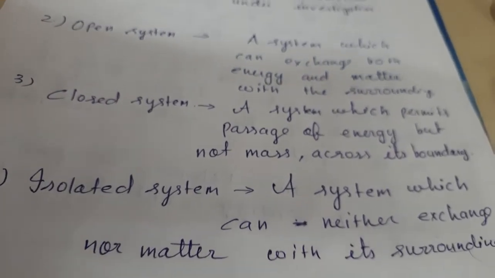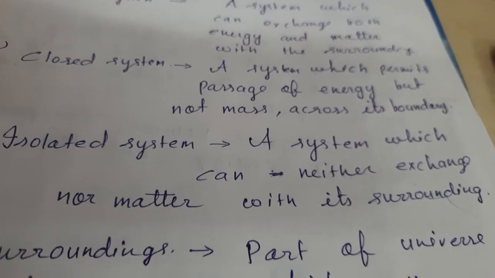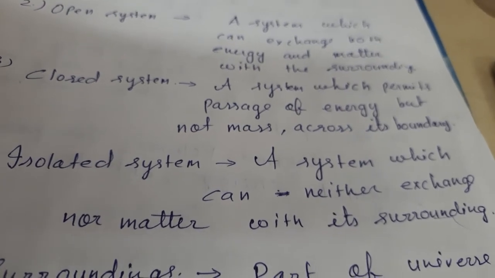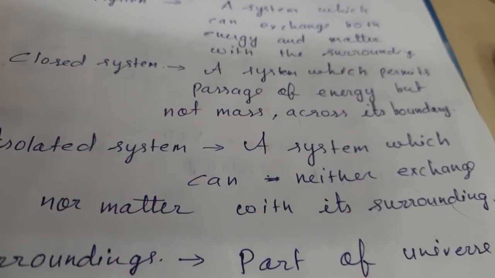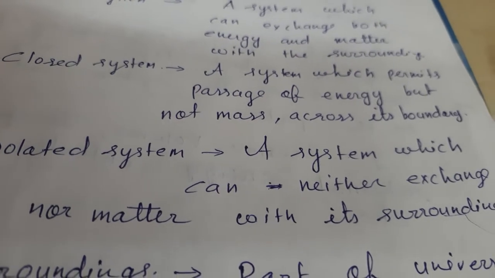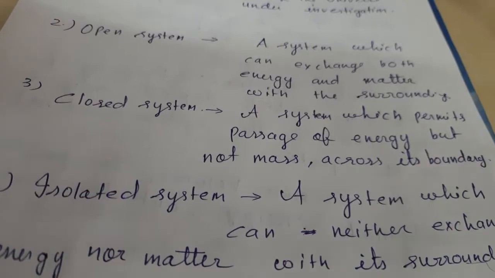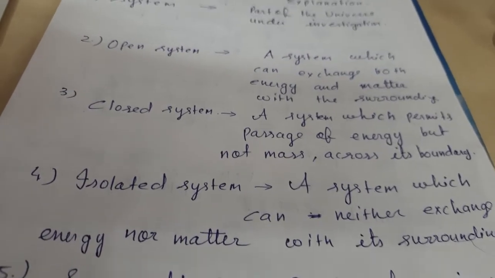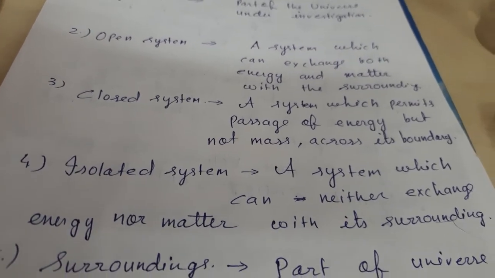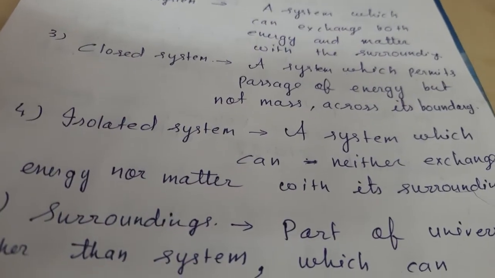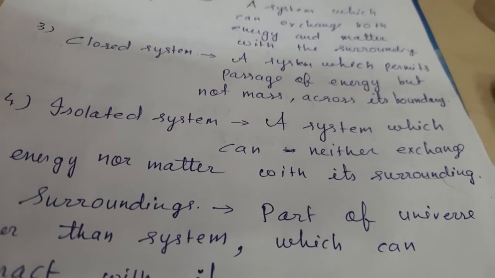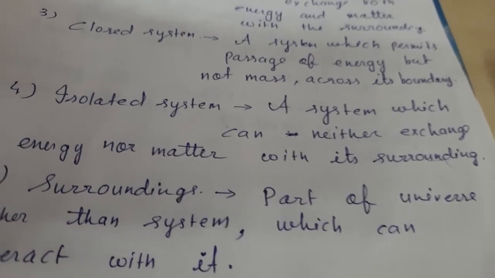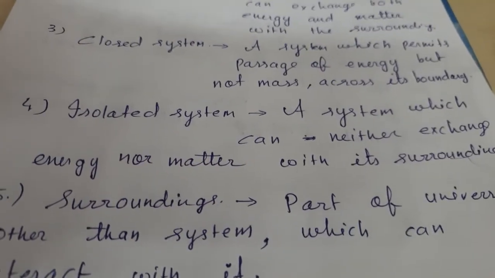Then isolated system: a system which can neither exchange mass nor energy with its surrounding is known as the isolated system. Like if I talk about a thermos flask, in that hot water is there. So you see the water will not get cold, as well as the water will not be dried up. अगर 500 ml water लिया तो 500 ml water रह ही जाएगा.